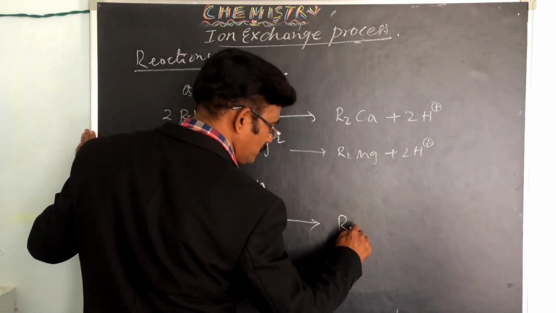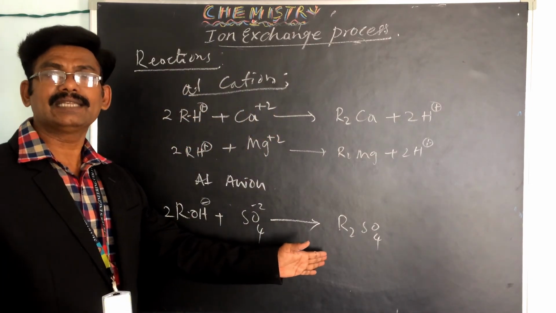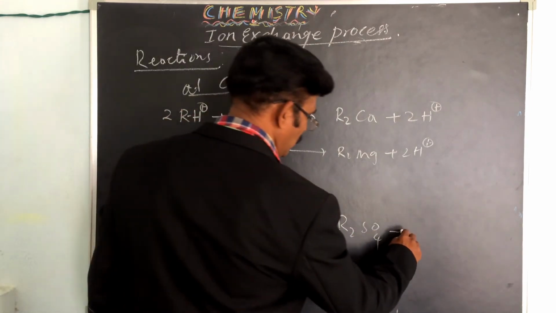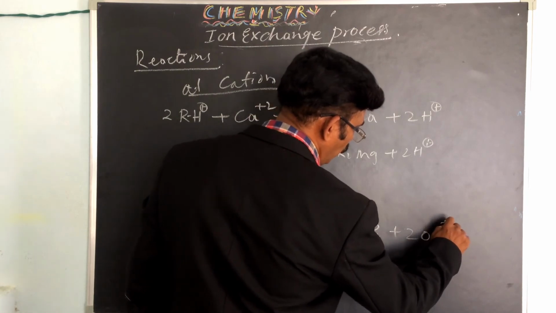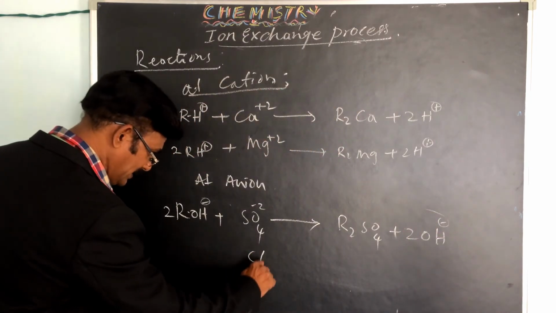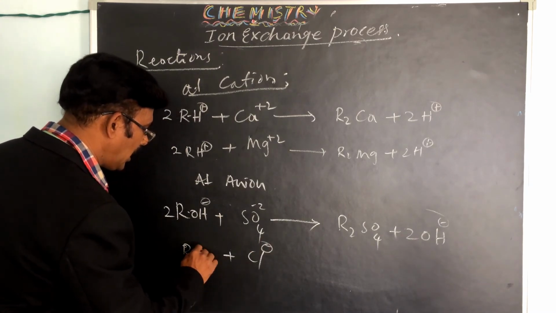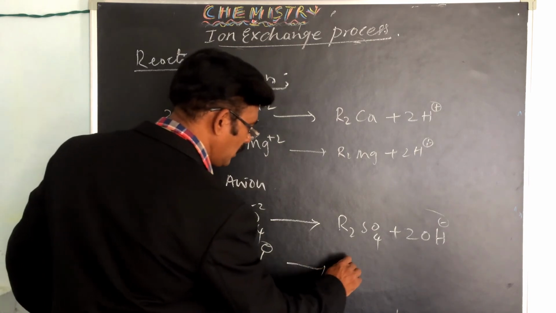R2SO4 minus. Resin sulfate plus 2 moles, an equal amount of OH minus are released. In case of chlorides, ROH to form what?